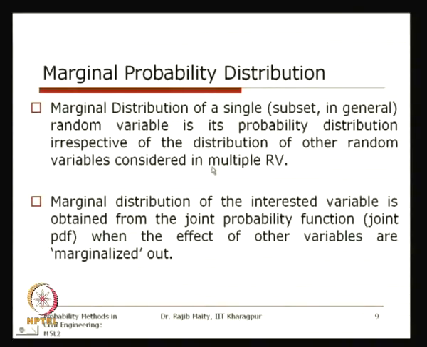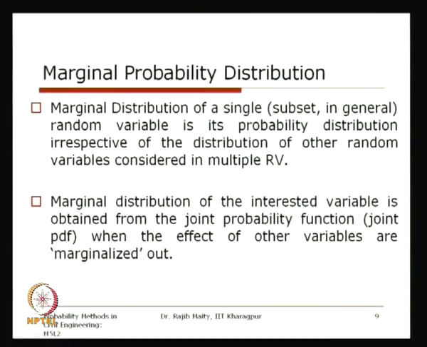But this is not only for a single random variable. For example, suppose there are more than two, say three random variables, x, y, z, and we are interested to know the distribution of x, y irrespective of the distribution of z. Then also we can say that this is a marginal distribution, the marginal distribution of x and y irrespective of the value of z.